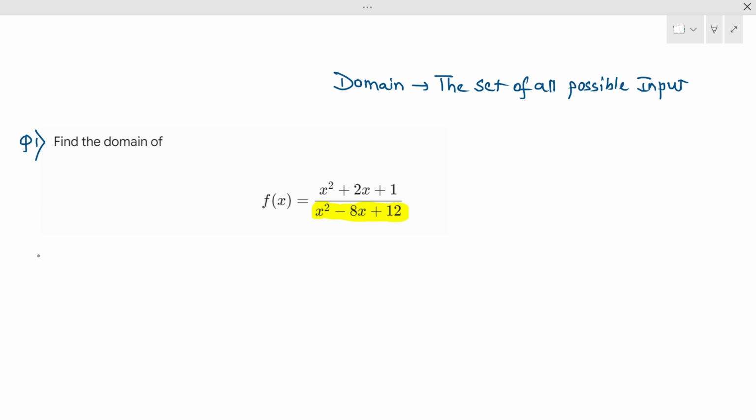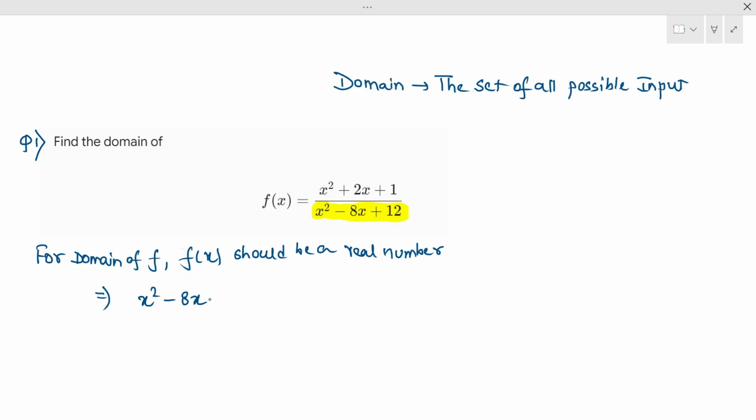So for the domain of the function f, f(x) should be a real number, right? Which means I cannot have the denominator as 0. This implies that x² − 8x + 12 should not be equal to 0. Now we must factorize this. So 12 we can factorize as 2 and 6, right?